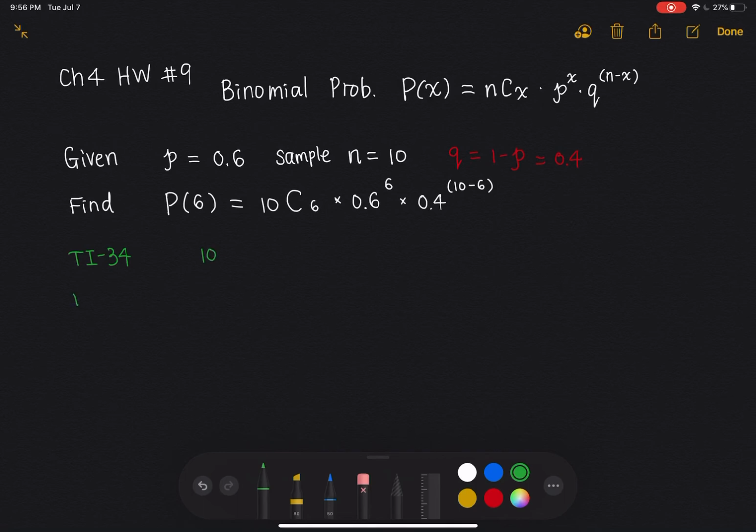You have to look for the probability key, so I put a box for the key and you have to choose, I think it's number 2, but make sure you see nCr. So you choose that and you will see nCr on the window of your calculator. The next number you enter is 6 and then you multiply by 0.6 and you raise to the 6th power.